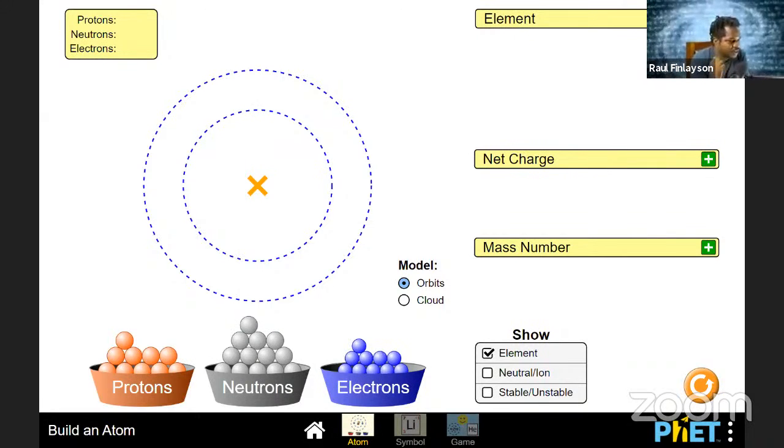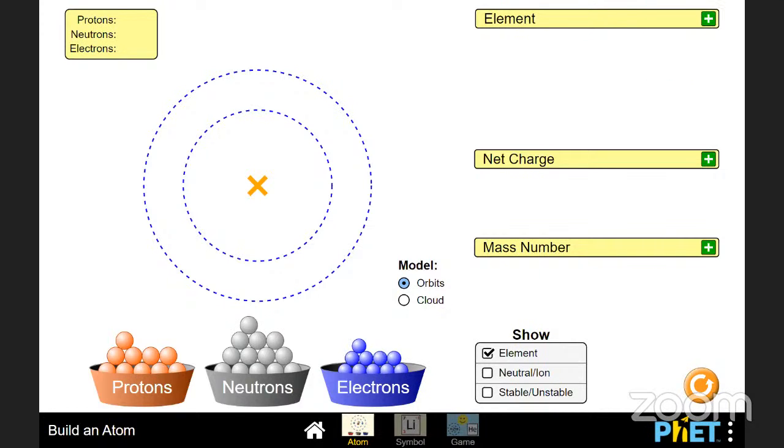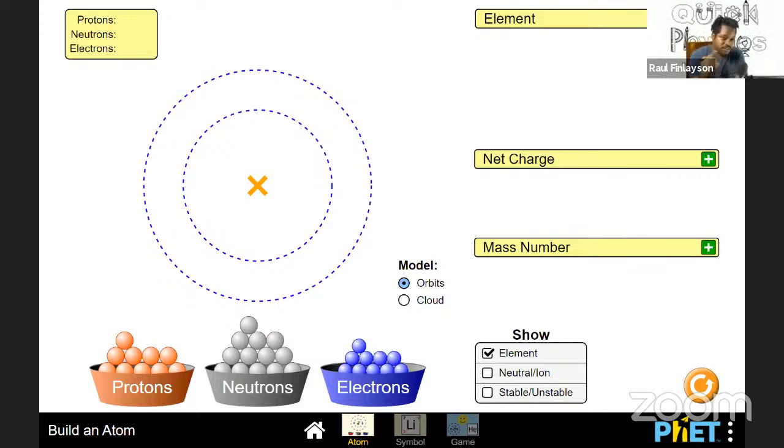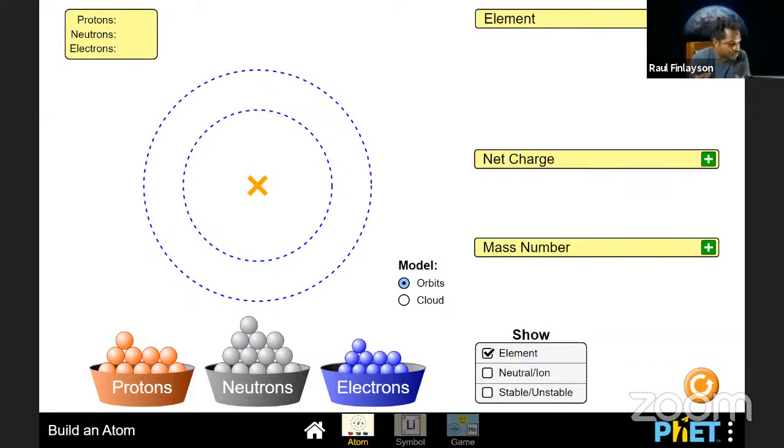But are there any other particles in the nucleus of the atom? The neutrons, sir. Okay, O'Neill is saying neutrons. All right. So some persons are not saying anything because perhaps they don't have a clue. But what am I to do? I have to just continue. All right. So protons and neutrons are in the nucleus.